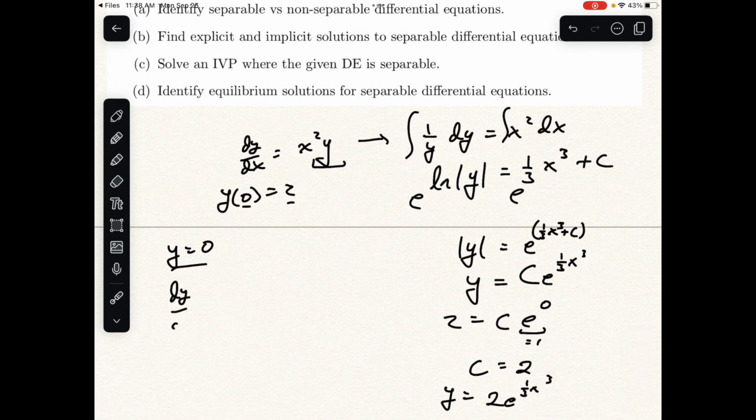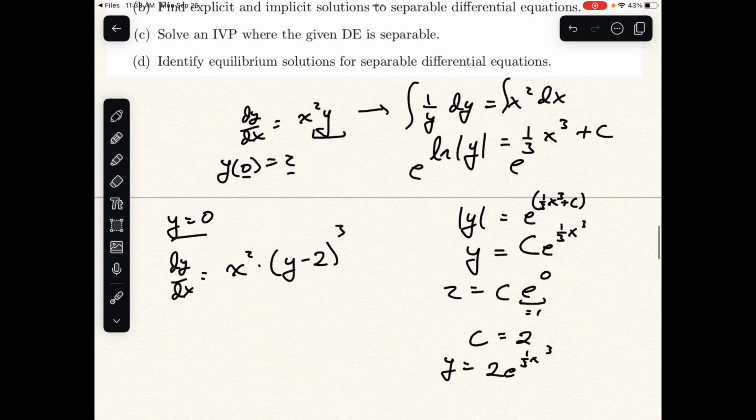But if you had something like dy/dx is equal to, let's say, x squared times (y minus 2) cubed, then here y equals 2, or let's say the constant function y of x equals 2, is an equilibrium solution.